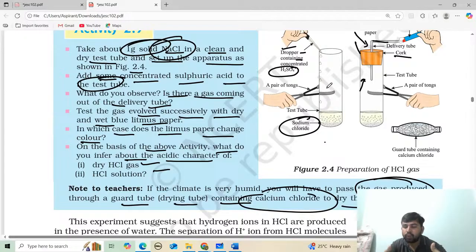To make sure HCl is not mixed with moisture, we pass the dry HCl gas through the guard tube, so that it doesn't mix with moisture and we can do the activity perfectly. In the second case, we pass the HCl through the wet litmus paper. It reacts with H2O and produces H3O plus ions, so we can expect the color change of the litmus paper.